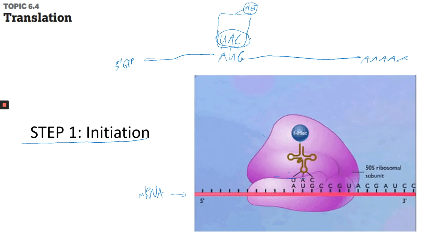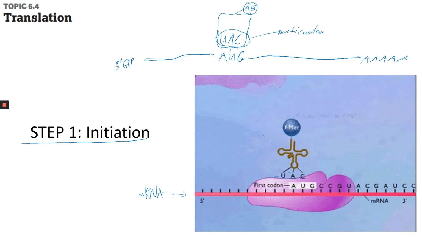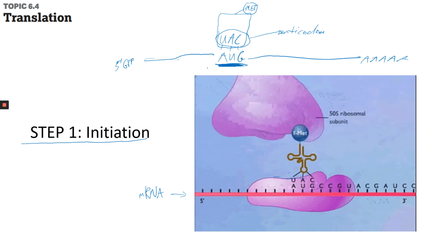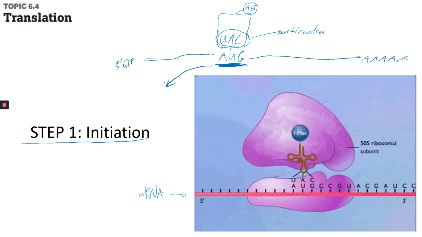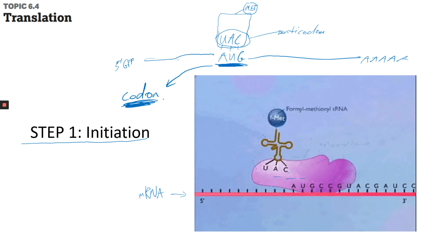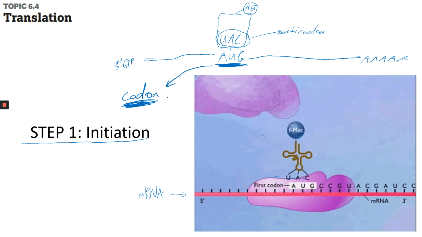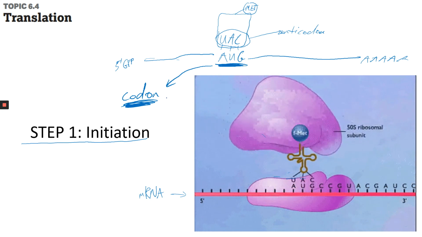This here on the tRNA is called an anticodon. This here, that's on the mRNA molecule, and this is really one that you need to remember, is called a codon. This is very important because this is how we're going to decipher what amino acid goes where.